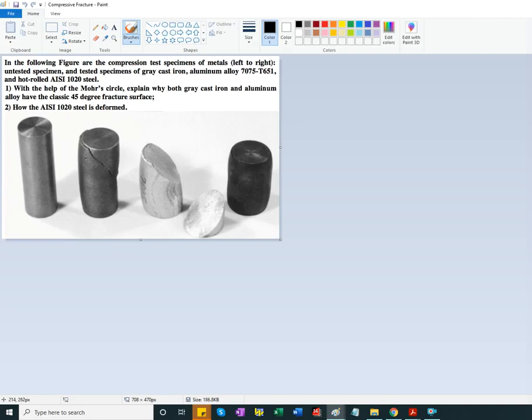You want to evaluate the stress on an element that's 45 degrees. We'll see why. So instead of a stress element aligned with the longitudinal direction, it's an element that is aligned with the direction about which we observe fracture, 45 degrees.